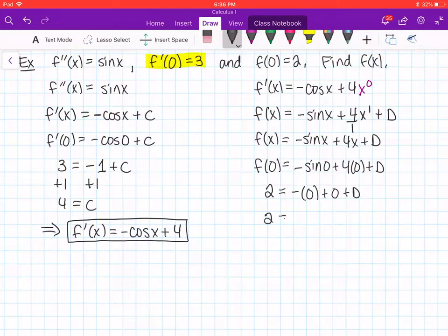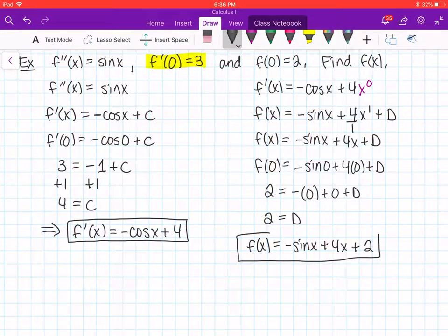So we get 2 equals d. So, in general, we can write f of x equals negative sine x plus 4x plus 2. And there's our original function. And we successfully completed this example.